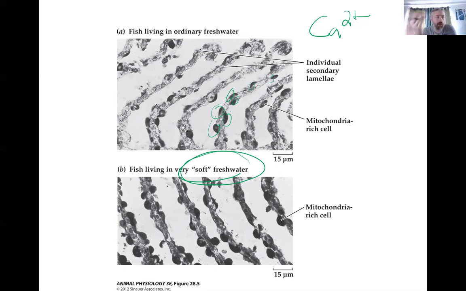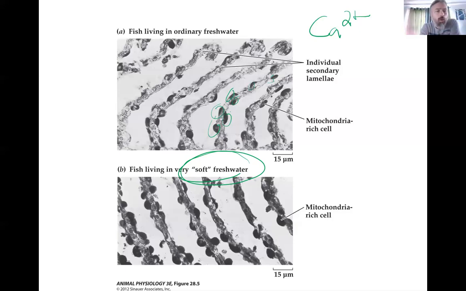It's something that removes calcium from your drinking water, from your laundry water, from basically the water coming in your house. And so soft water simply means that water is devoid of calcium. If we put a fish in soft water, the problem here is that it has to work extra hard to pull that calcium back in, right? Because it's really losing calcium. The gradient is so big that it's losing calcium at a very fast rate, okay?